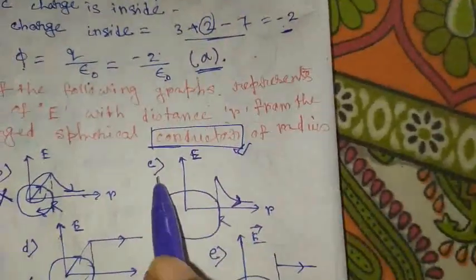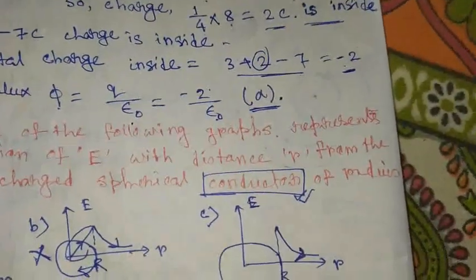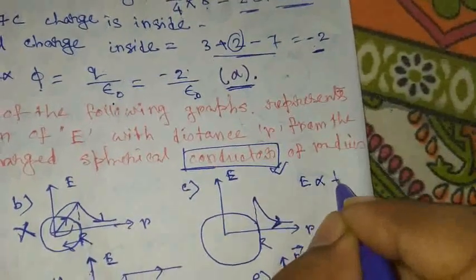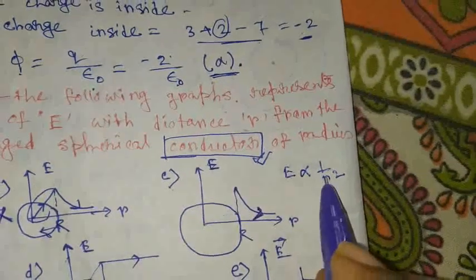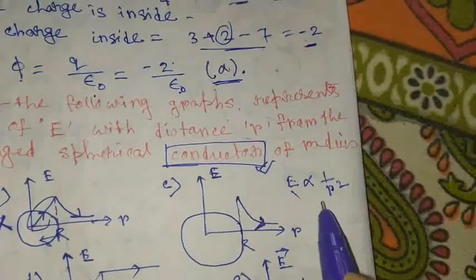Now options C and E can be correct, but we know from our definition that the electric field E is proportional to 1 by R square. So as distance increases, the electric field falls off as 1 by R square.